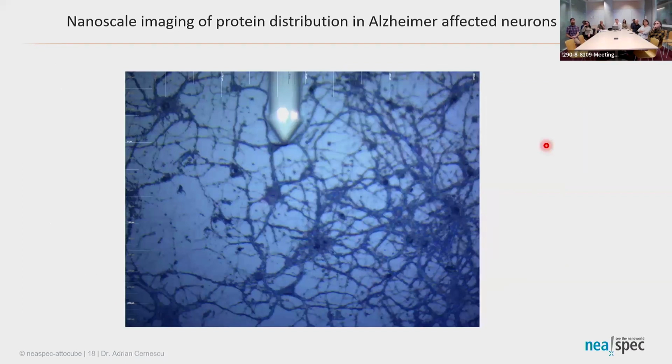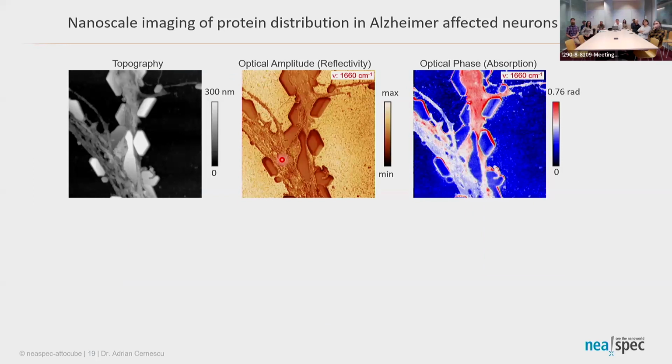These are measurements which are done on neurons, because maybe some of you are interested if this technique works on cells. And here we can see the cantilever in contact with the sample. And of course, you can decide which area you would like to focus on. And here are some images.